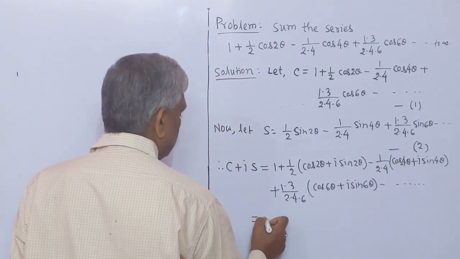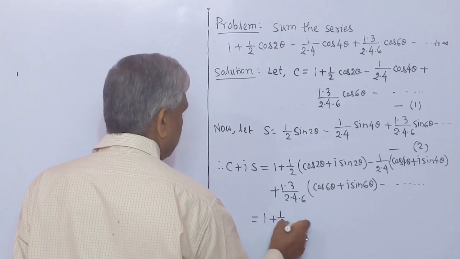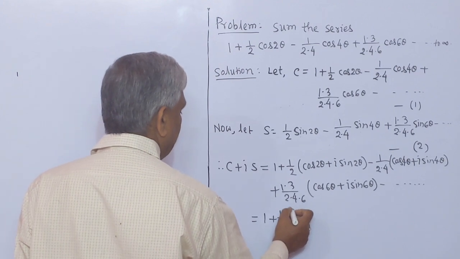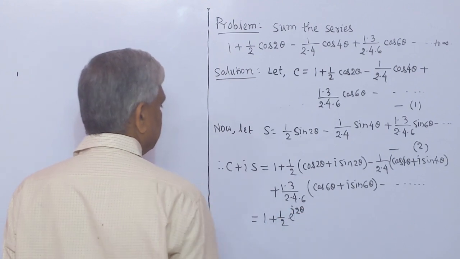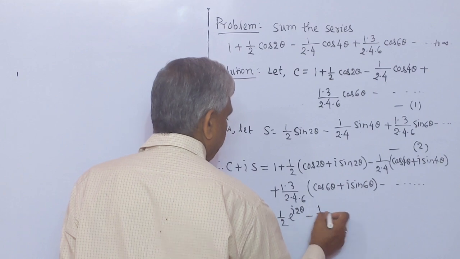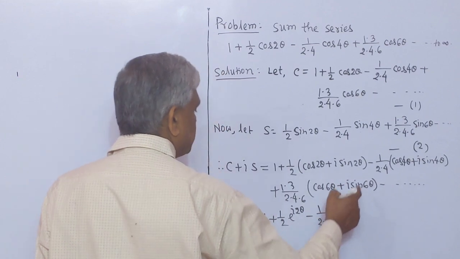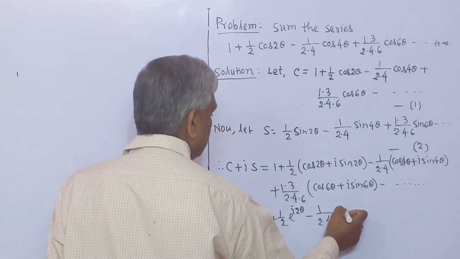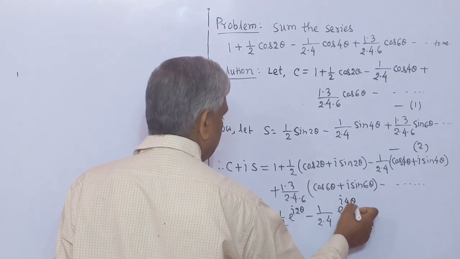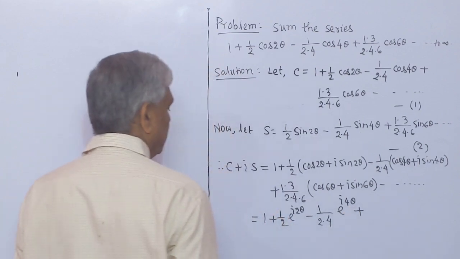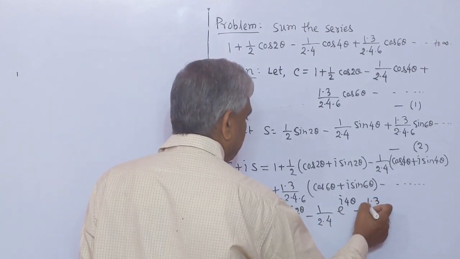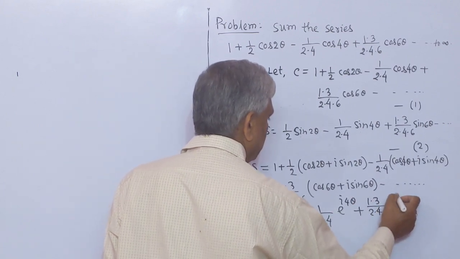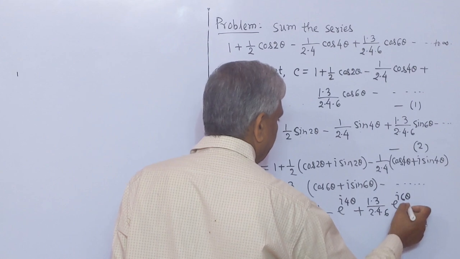This is equal to 1 plus half, cos 2 theta plus i sin 2 theta is e to the power i 2 theta, minus 1 by 2 multiply 4, cos 4 theta plus i sin 4 theta is e to the power i 4 theta, plus 1 multiply 3 by 2 multiply 4 multiply 6, this is e to the power i 6 theta, minus dot dot dot.